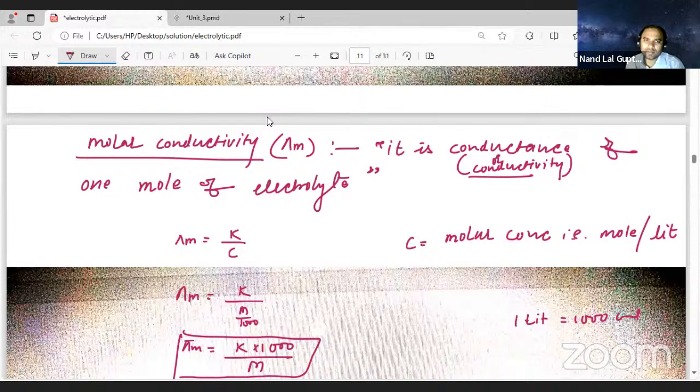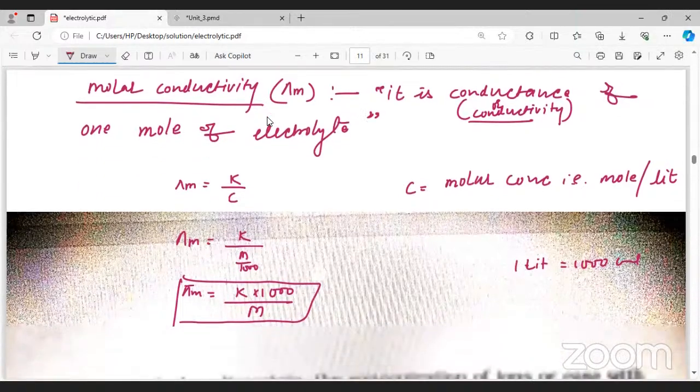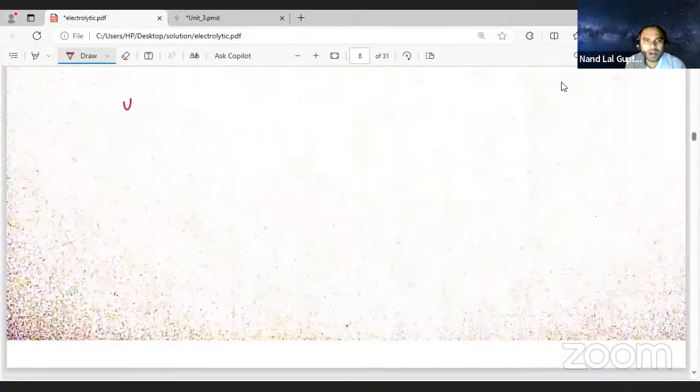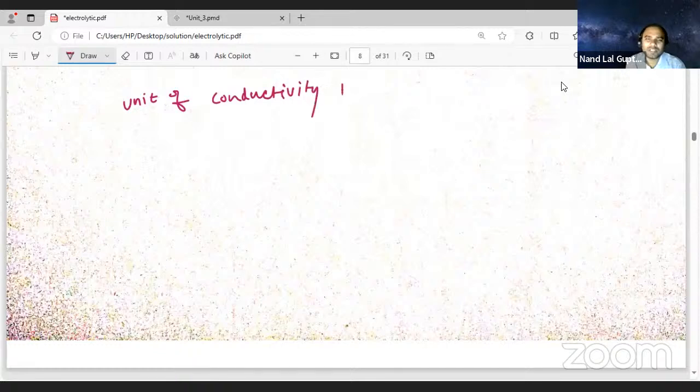Yes, sir. Now another thing: the unit of conductivity. Unit is very important for the board exam. If you don't write the unit, half marks will be reduced. So we derived conductivity as 1 upon resistivity.